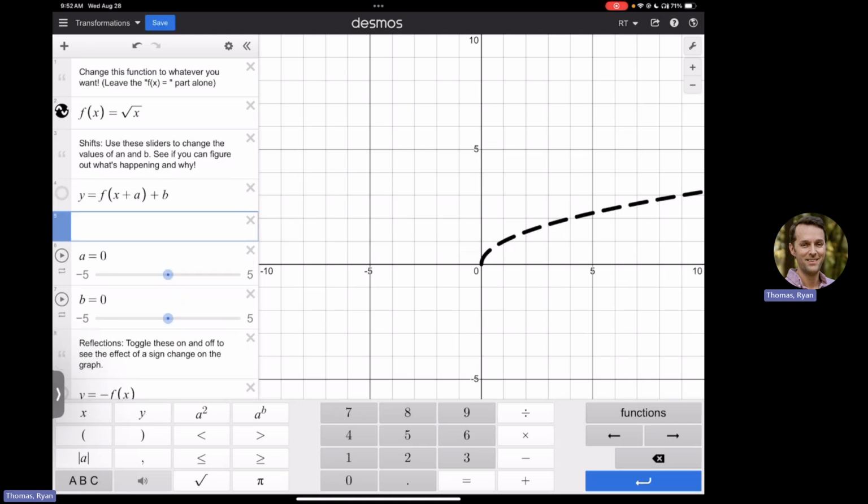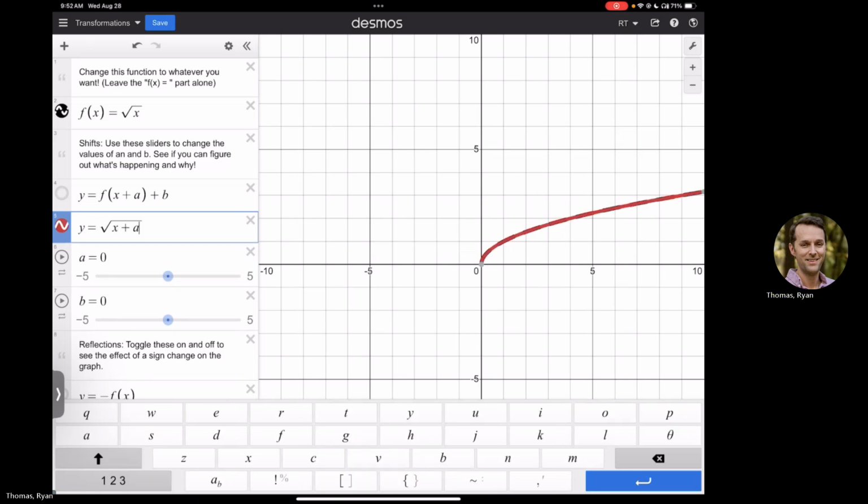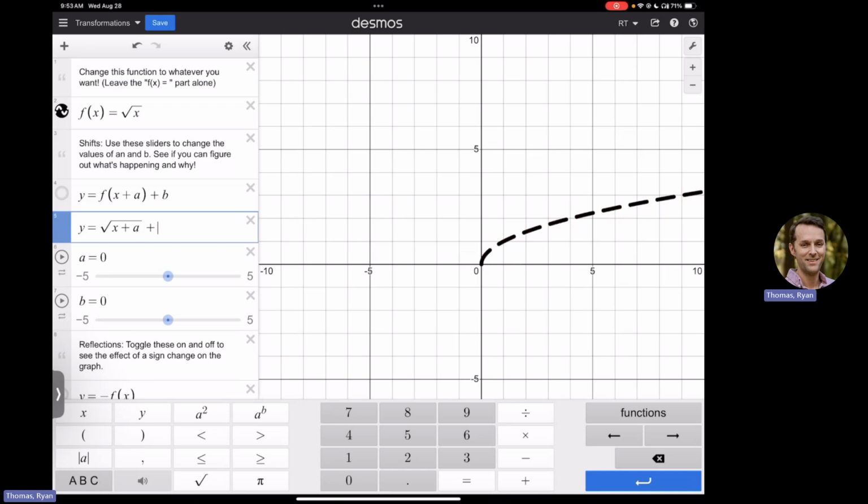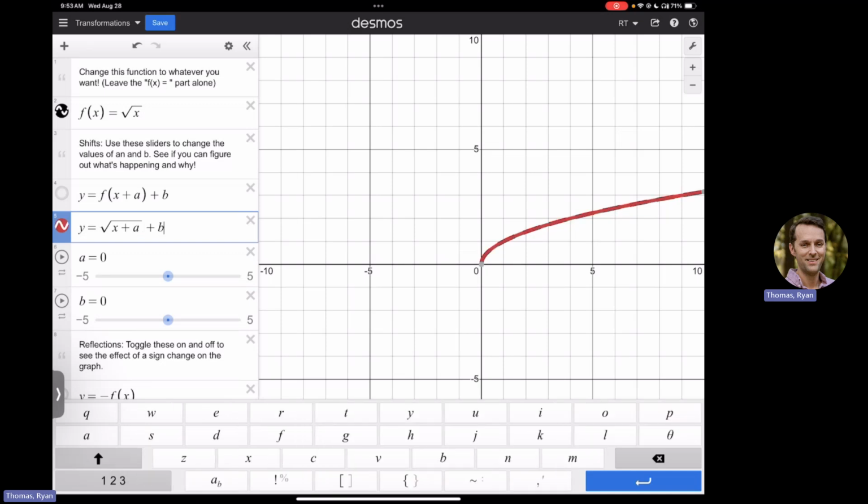I've named the function f, and this would look like that for this specific function, right? So these a values are being added on the inside, underneath the square root, directly to the x value. And b, whatever it is, they're both at 0 right now, so it doesn't change anything.